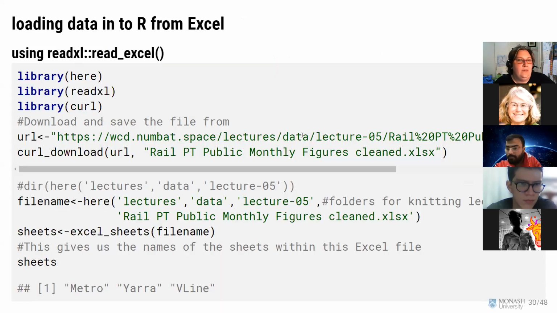So we can download the file. I've put it up there on the website, and you can automatically download it with this command. You can also use the here package if you want to save it and then see which files are in the directory that you're in at the moment.